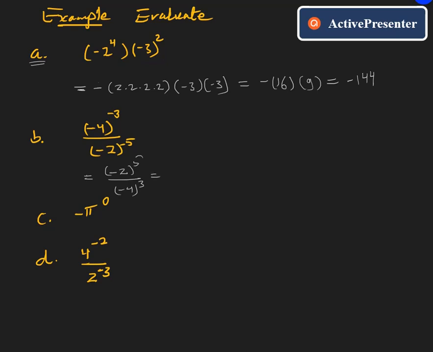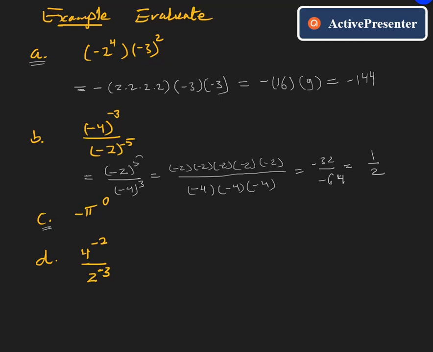This equals eventually minus 2 multiplied in itself 5 times, okay, over minus 4 multiplied in itself 3 times. So this is eventually equal to minus 32 over minus 64. Then negative divided by negative is positive. The answer at the end is half.